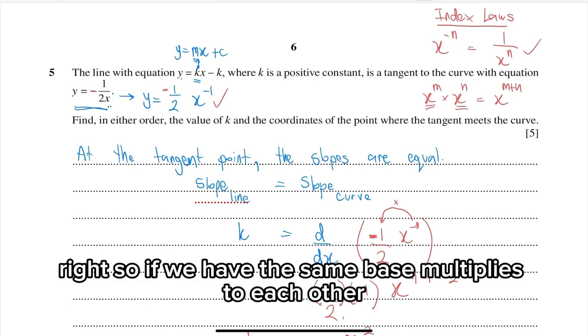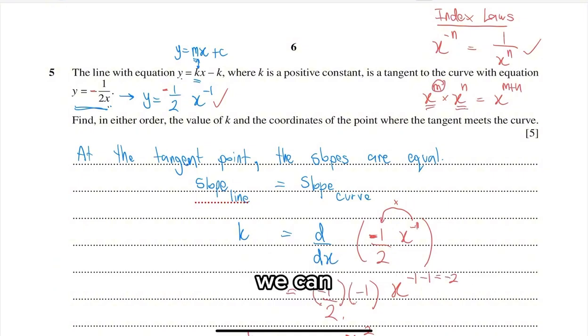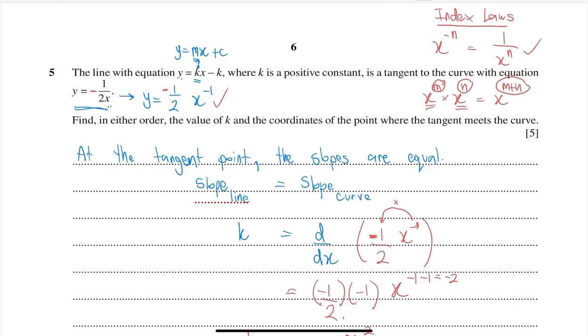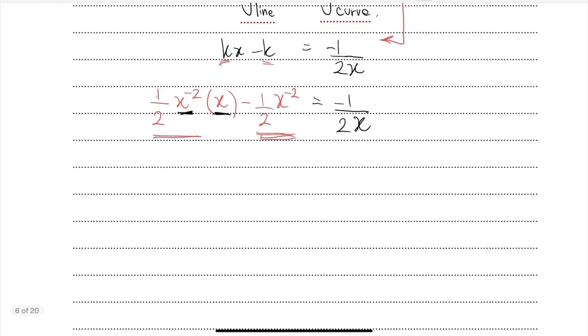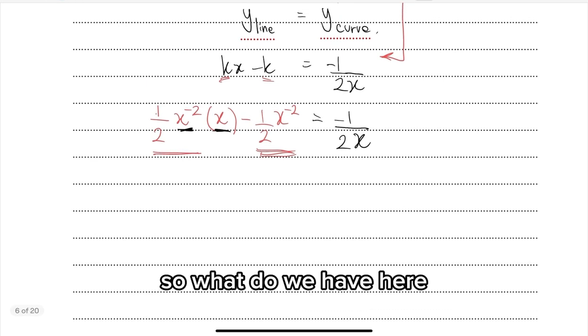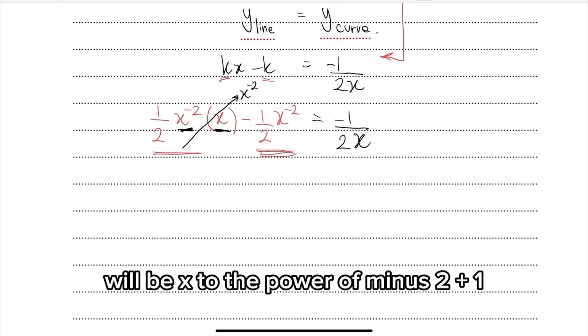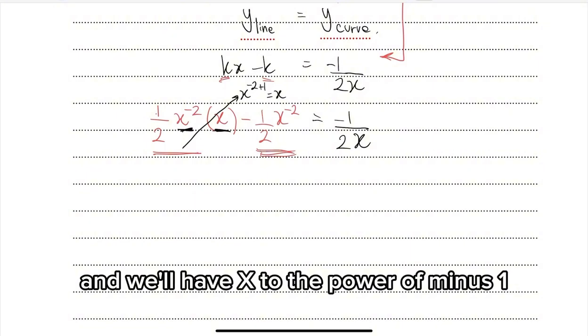So if we have the same base multiplied together, we can sum up the powers. So what do we have here? This x will be x to the power of minus 2 plus 1, and we'll have x to the power of minus 1.